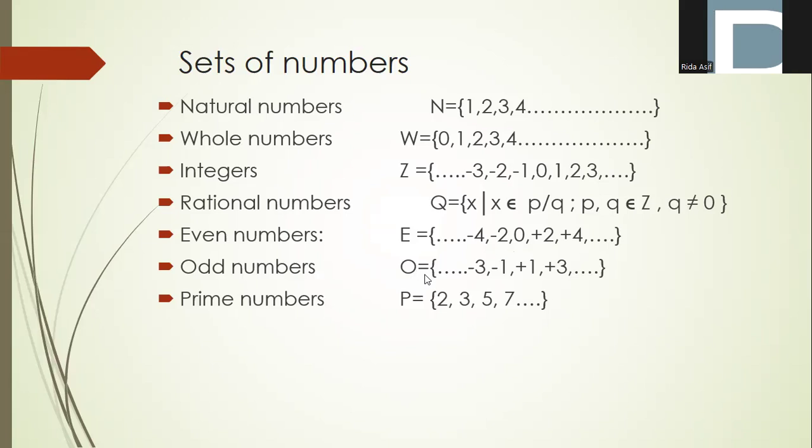Now, odd numbers are represented by O is equal to plus minus 1, plus minus 3, plus minus 5, and so on. Prime numbers. In prime numbers, 1 is not going to be included, right? Prime numbers start with 2, 3, 5, 7, and so on, right? So this is all about the sets of numbers.